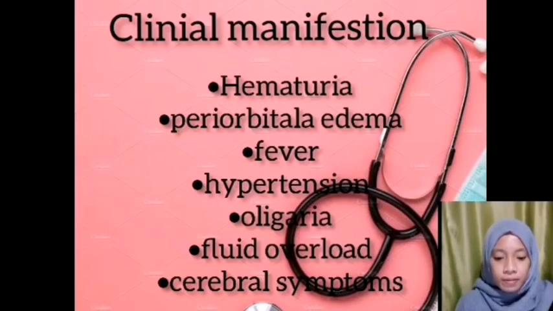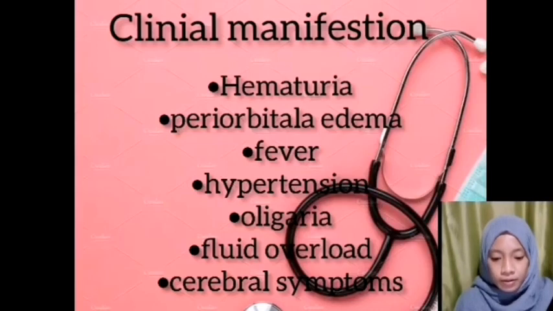Fever. Fever may be 103 to 104 Fahrenheit at the onset, then decrease in a few days to about 100 Fahrenheit. Hypertension. Hypertension occurs in 60% to 70% of patients during the first 4 or 5 days.